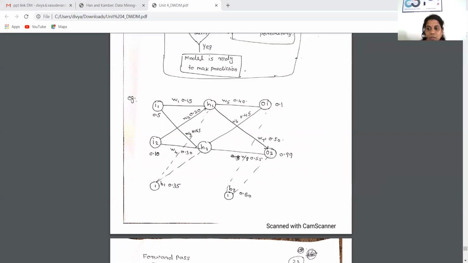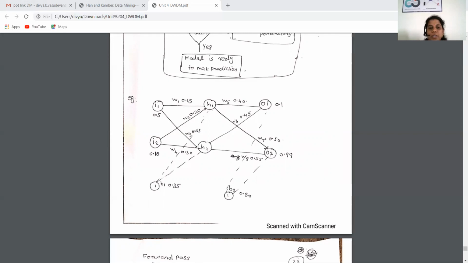Now we'll see the efficiency of backpropagation.